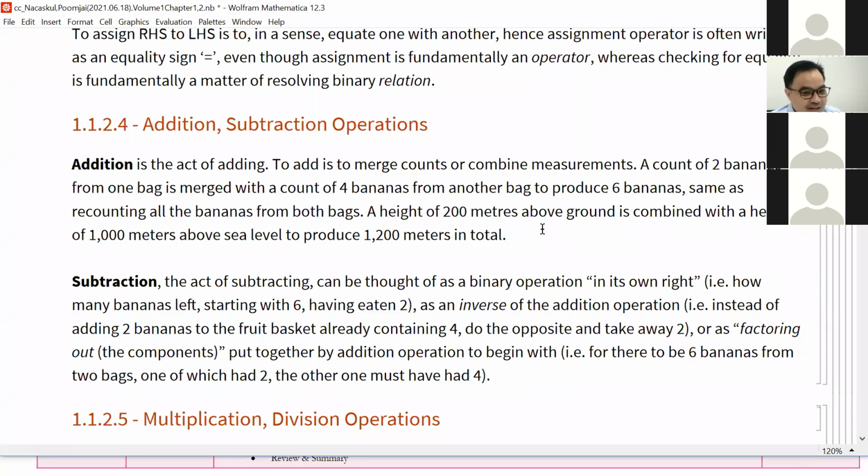First of all, if you have a young baby brother or sister, you teach him or her addition first. Subtraction is a little bit more complicated, so you teach it later. There's a good reason for that.